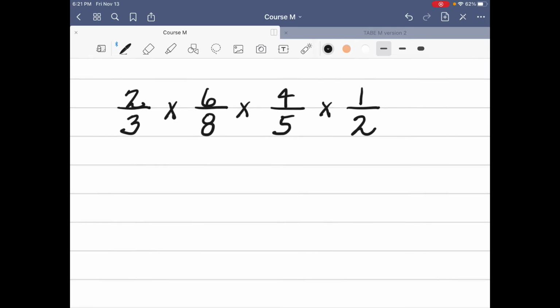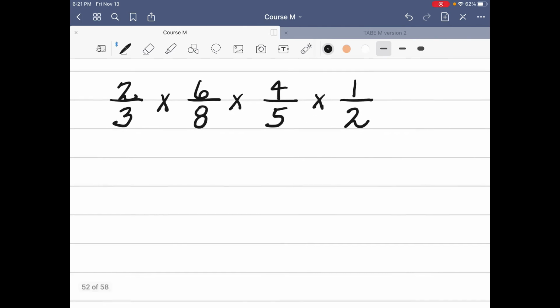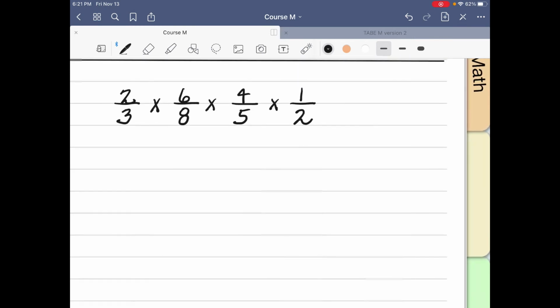Alright, the first thing I do, and I am going to cancel, well, let me do it both ways since that's how we're doing it. On top, I have 2 times 6 is 12, times 4 is 48, times 1 is still 48. And then on the bottom, I have 3 times 8 is 24, times 10 is 240. And I would have to reduce this one by a 12.